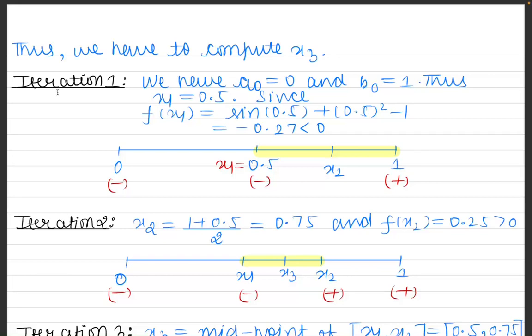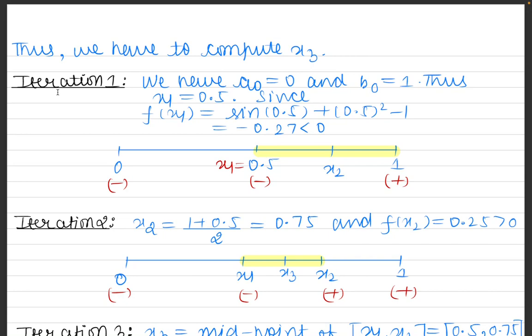Thus x1 is the midpoint, so it will be 0.5. And f of x1 is sine 0.5 plus 0.5 squared minus 1, which is minus 0.27, negative.